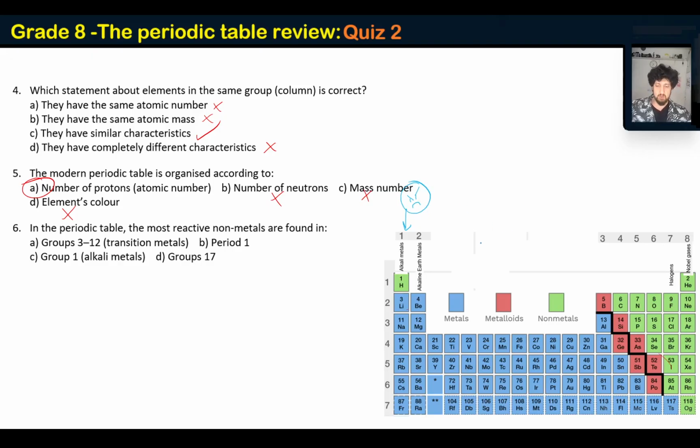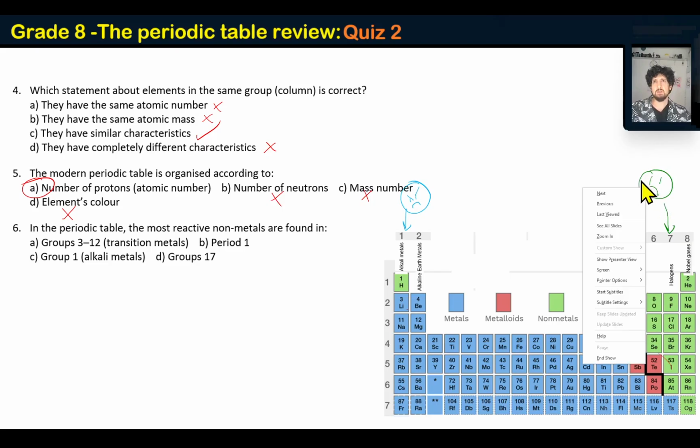Now, what about the most reactive nonmetals? Well, nonmetals are in green, okay? See? Nonmetals green, metals blue. So I'm going to draw them like this. These guys here are the most reactive nonmetals. And I'm going to draw them like this.